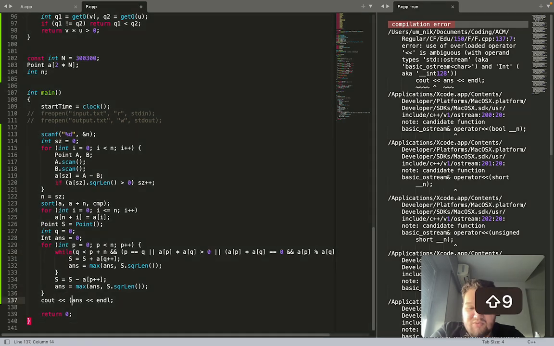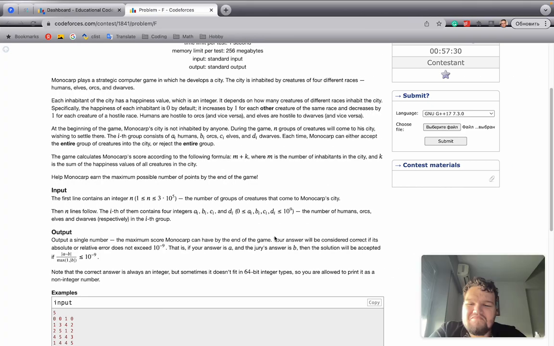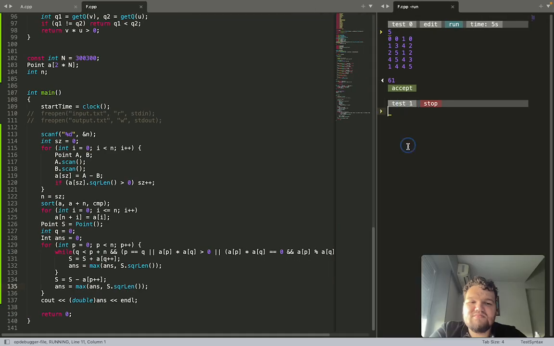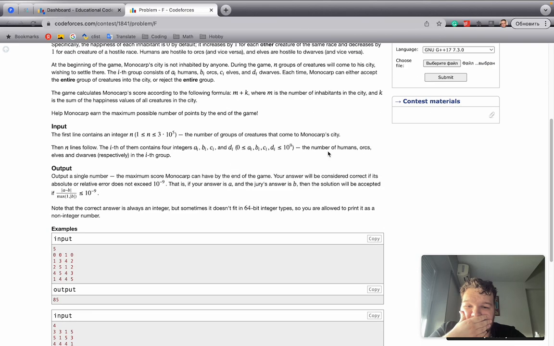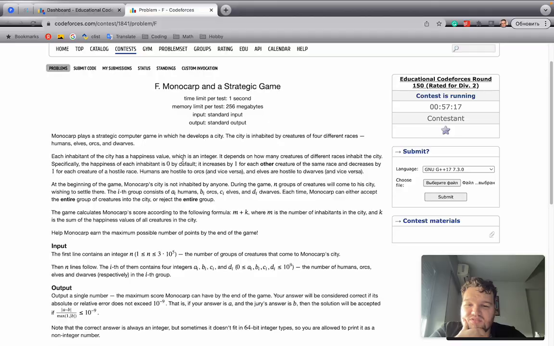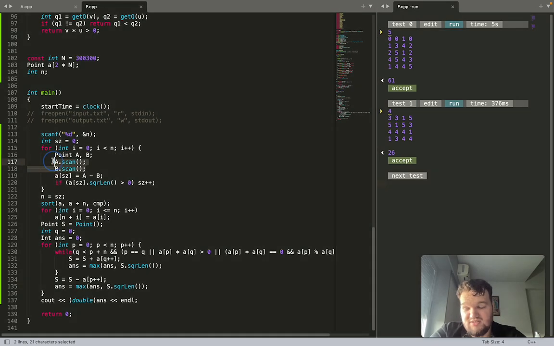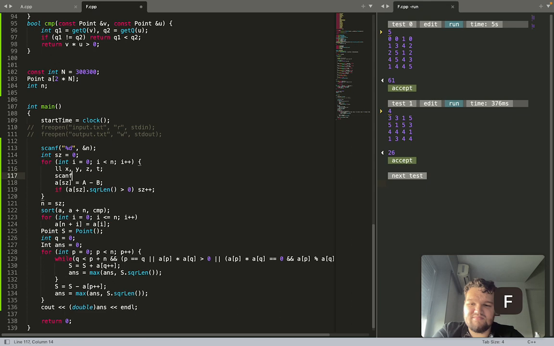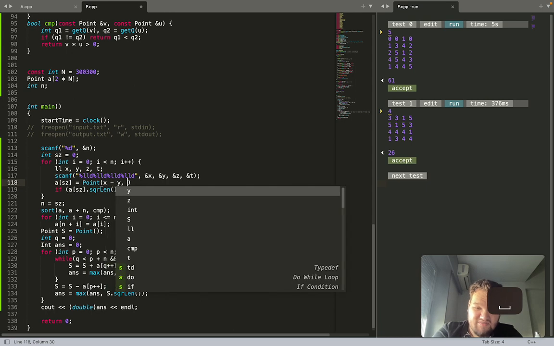Okay, let's print double. So I cannot read it like this. So it's x minus y and z minus t.